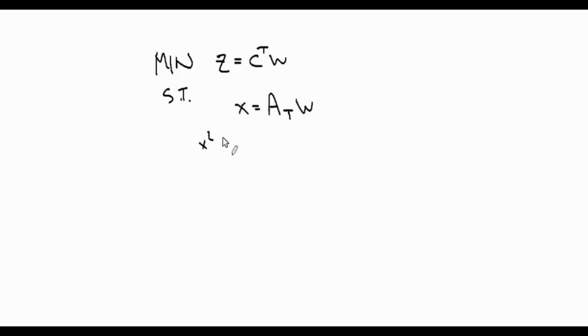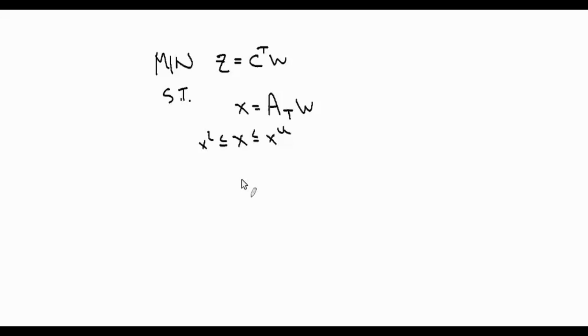So the linear program that we want to write down is minimize Z is equal to C transpose W such that X is equal to A sub t times W. There's a lower bound of X superscript L, and there's an upper bound of X superscript U on X, so X is bounded below by XL and above by XU.